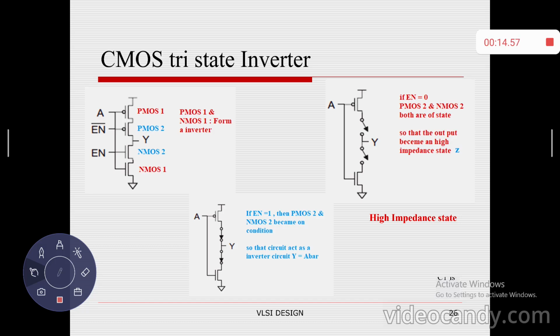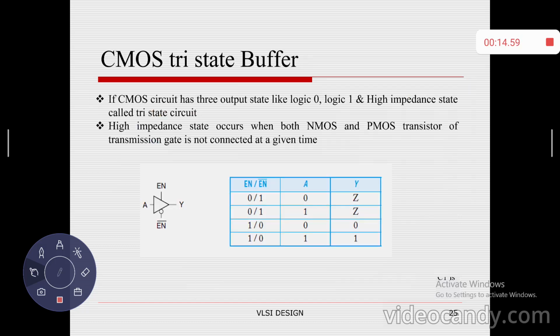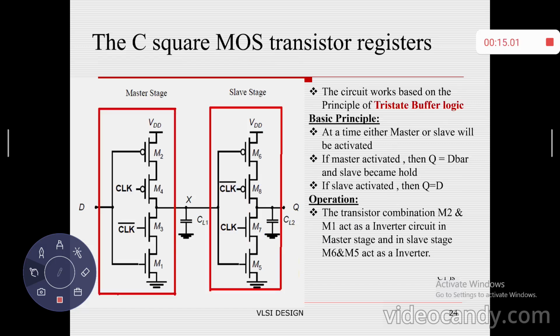With this short discussion about the CMOS tri-state buffer, let me explain how the 0, 0 and 1, 1 overlapping of transmission gate logic in the dynamic register design is overcome by using the C-square MOS register. Since it is a master slave, I put a tri-state buffer in both the master stage and the slave stage.